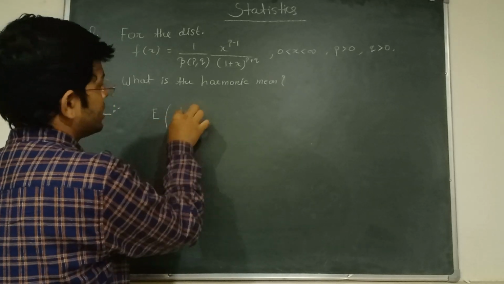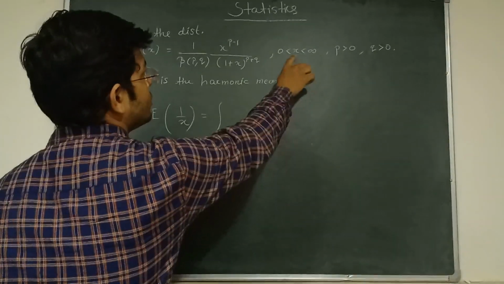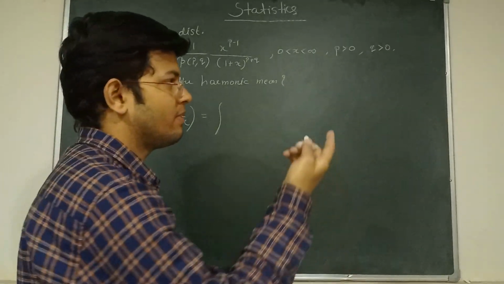So we have the expectation of 1 upon x is equal to the integral, and the limits given are 0 to infinity.